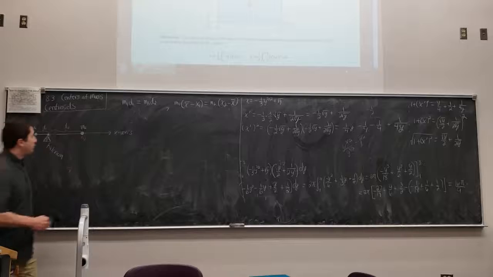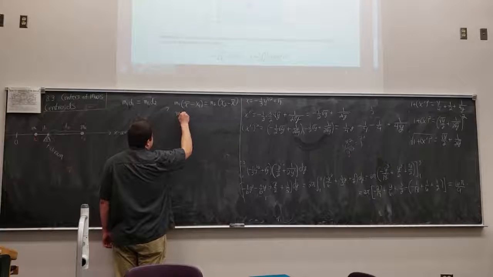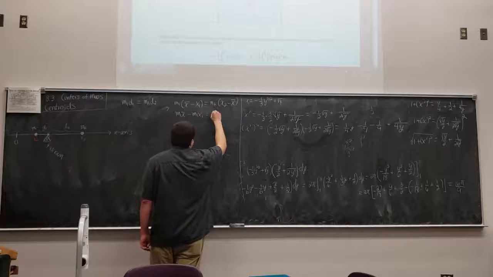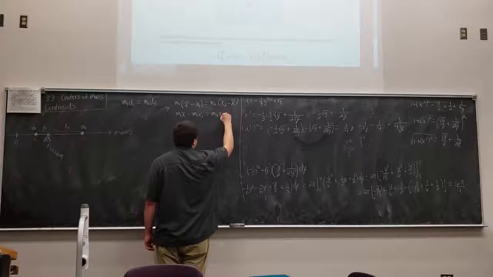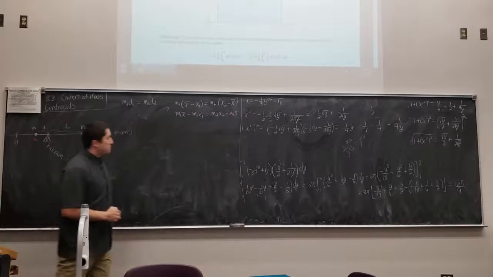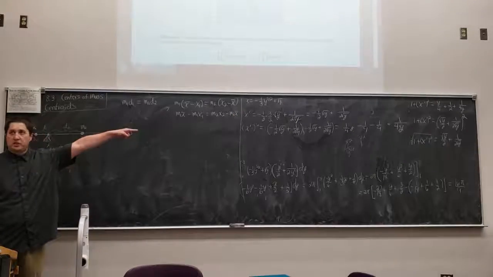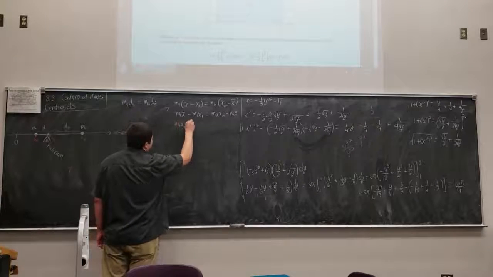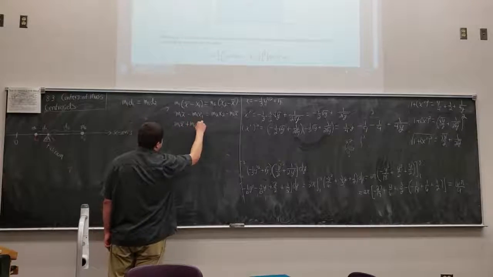So let's do that now. Just a spot of algebra: we can distribute, and get m1 x bar minus m1 times x1 equals mass 2 times x2 minus mass 2 times x bar. If we add m2 x bar to both sides of the equation, we'll have mass 1 x bar plus mass 2 x bar.